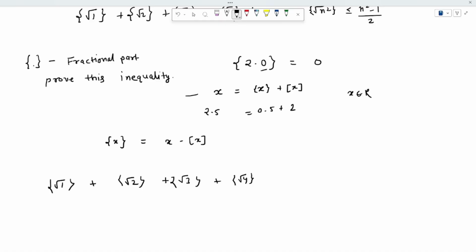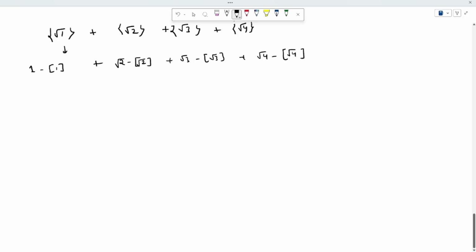So we can represent this as root 1 minus greatest integer of root 1, plus root 2 minus greatest integer of root 2, plus root 3 minus greatest integer of root 3, plus root 4 minus greatest integer of root 4. We can represent these in this manner.